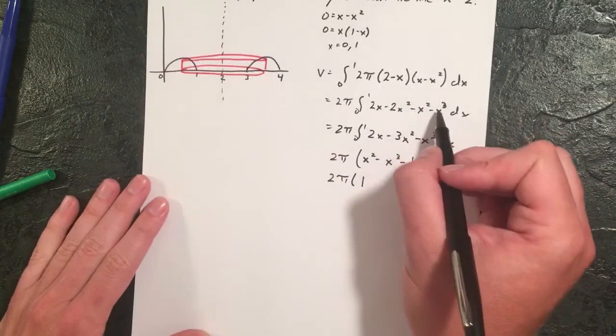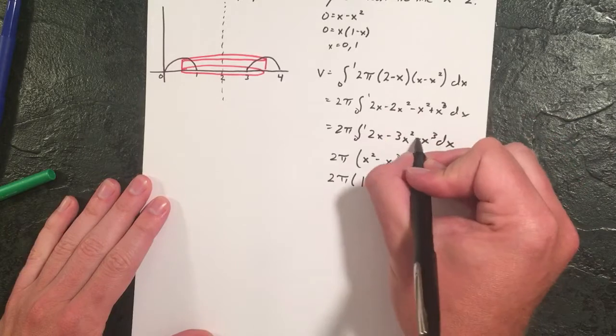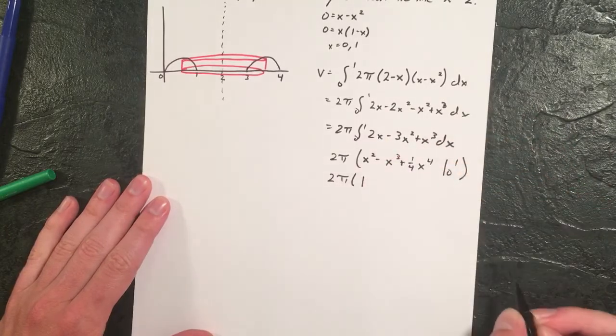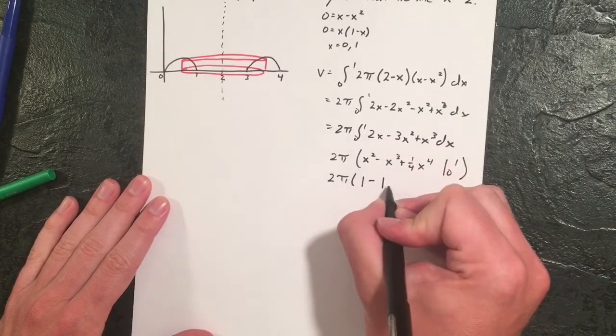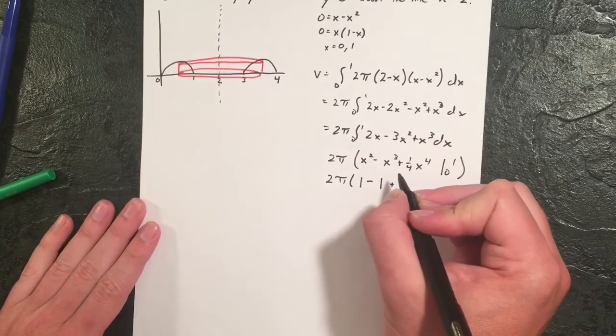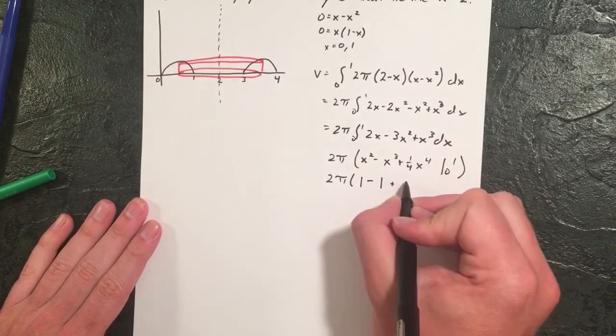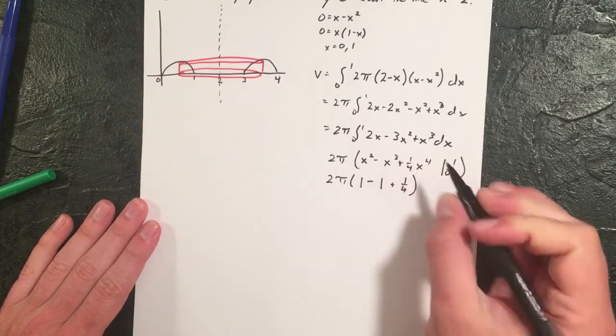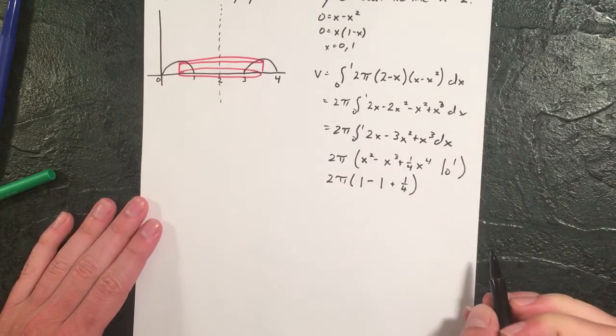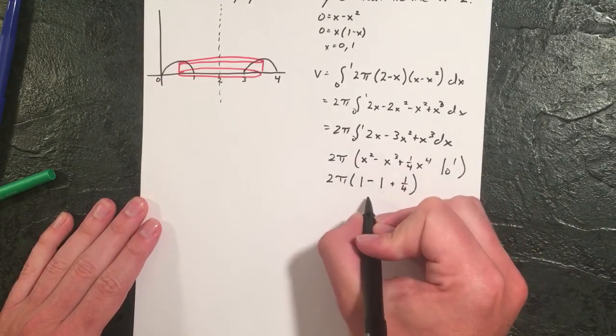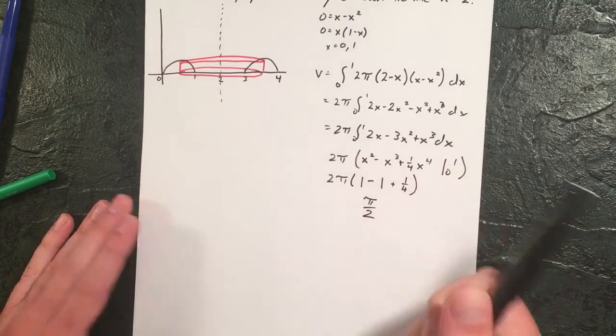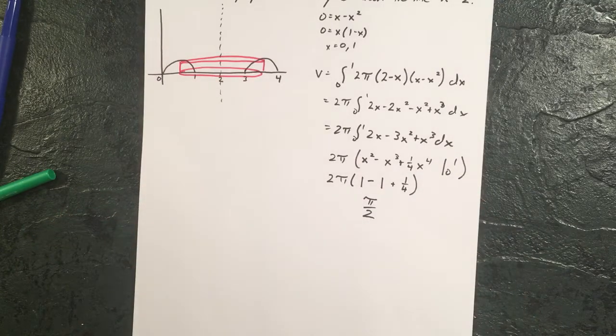Oh, the x to the third is positive, 2 negatives. Yep, that's going to make the difference here. Great. So we get 1 minus 1 plus 1/4. Sorry. So that's a positive. That was the mistake. So here we're just ending up with pi over 2.